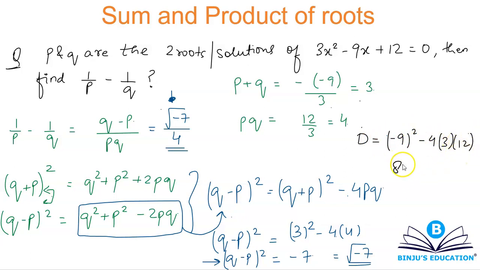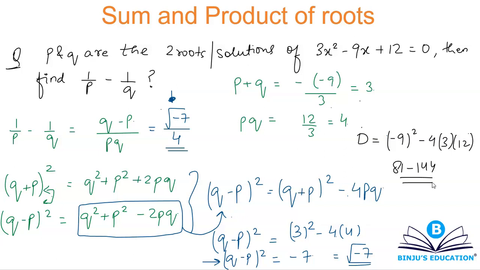So that's 81 minus 12 into 12, that's 144. So yes, that is negative. So roots are imaginary, that's why 1 over p minus 1 over q is also coming out to be an imaginary value. However, the concern here is that you should get the concept on how to solve a particular question. And I hope that's clear to everyone.